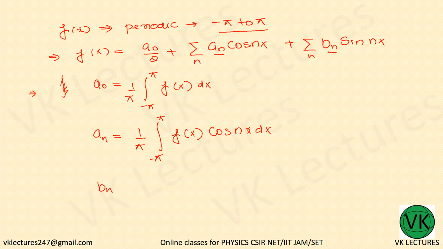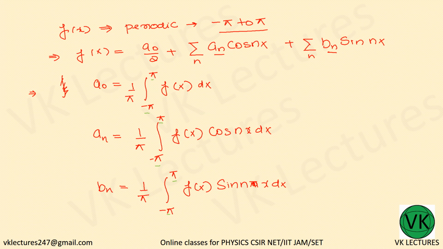Bn is equal to 1 by pi integral from minus pi to pi f of x into sin nx dx. Now you can see here that the limits are even, that means from minus pi to pi, here also minus pi to pi and minus pi to pi.